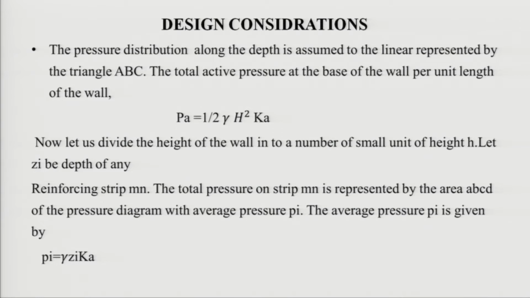And the total active pressure at the base of the wall per unit length of the wall is given by P_A, that is, we calculate the total area of ABC, that is half, this is the gamma h square, where h means height of the wall facing, and this is the coefficient of active earth pressure.